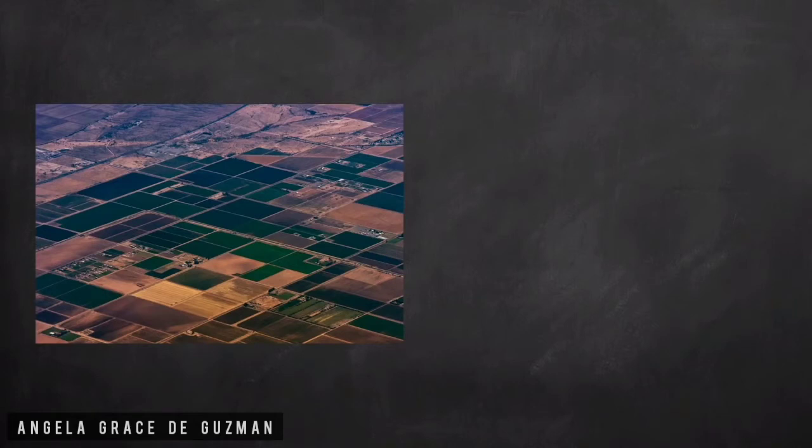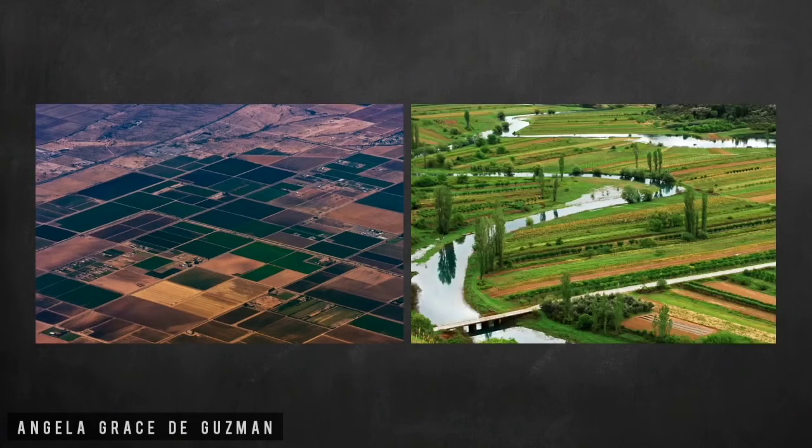But what if your field is irregularly shaped like this? If you can find a function to model both sides of the perimeter, you could use area between curves to find the area of the field.